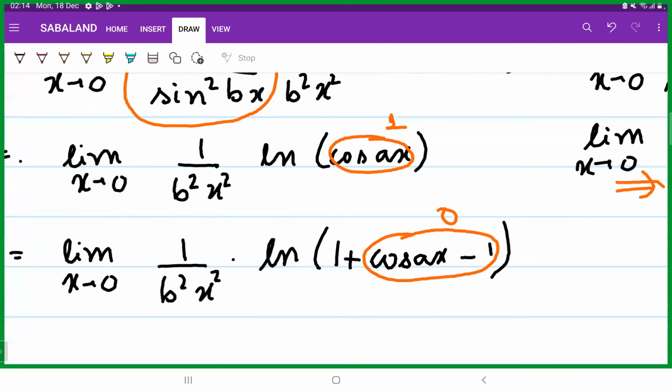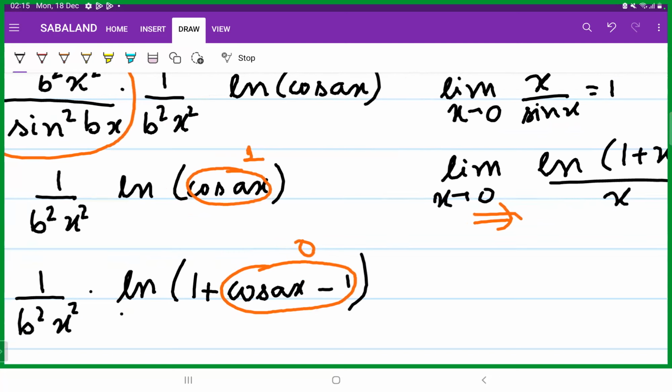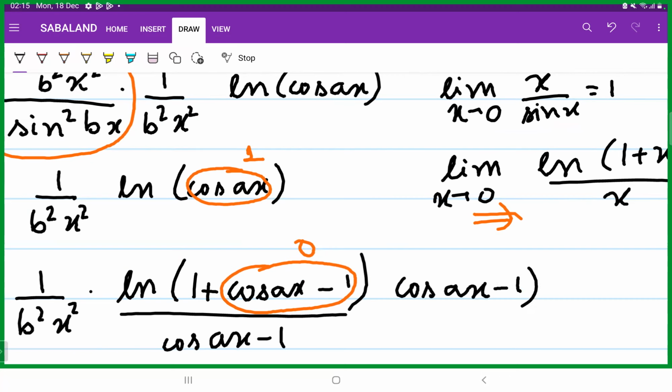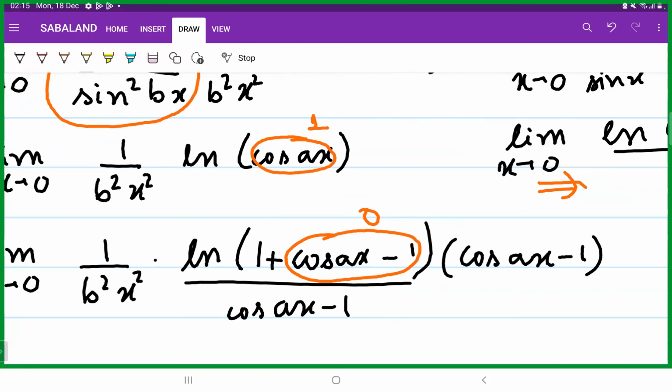And let's do one thing. In order to get 1, we need to divide this with x. So when we divide this with x, we get cos ax minus 1, and we multiply cos ax minus 1 in the numerator as well. So this thing becomes 1. Why?